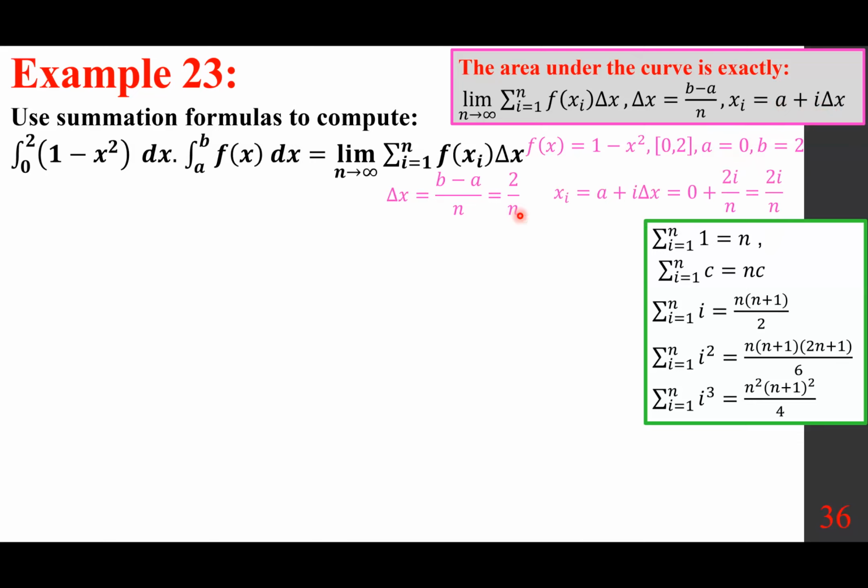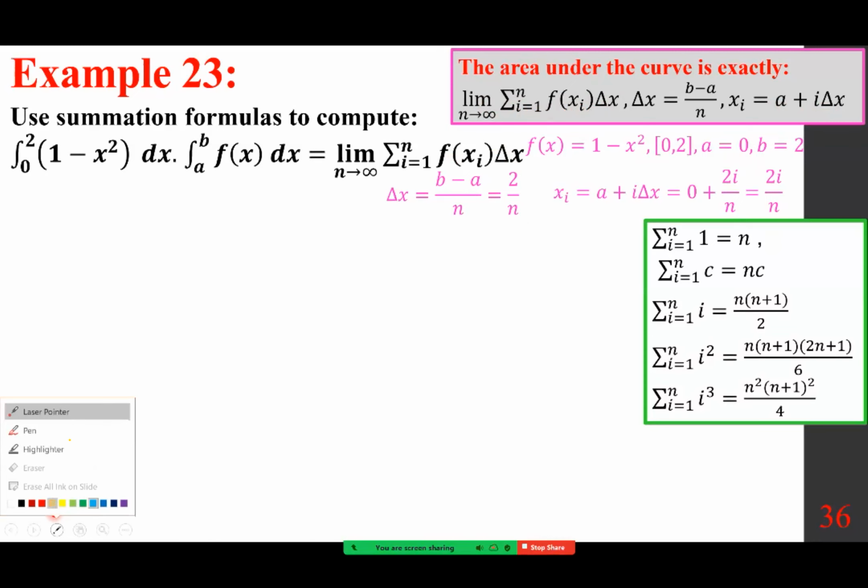We want to evaluate the limit here. So for now, let's just go with the summation. Let's look at the summation, and then we take a limit finally. So first, let's simplify this part, everybody. First, let's write it and simplify it.